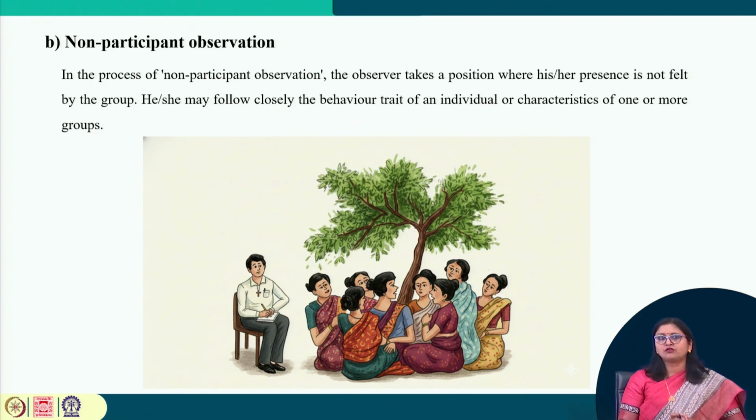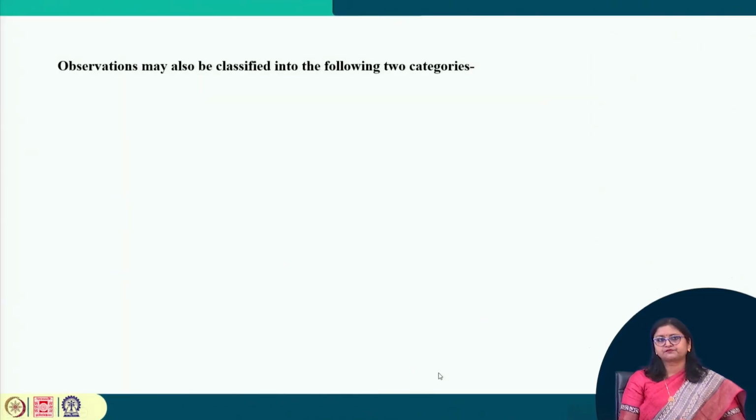This is called non-participant observation. If you are going to conduct a study on a delinquent child or students' behavior related to disciplinary issues, then we can stand somewhere in the school corridor and observe the particular student or a group of students through non-participant observation.